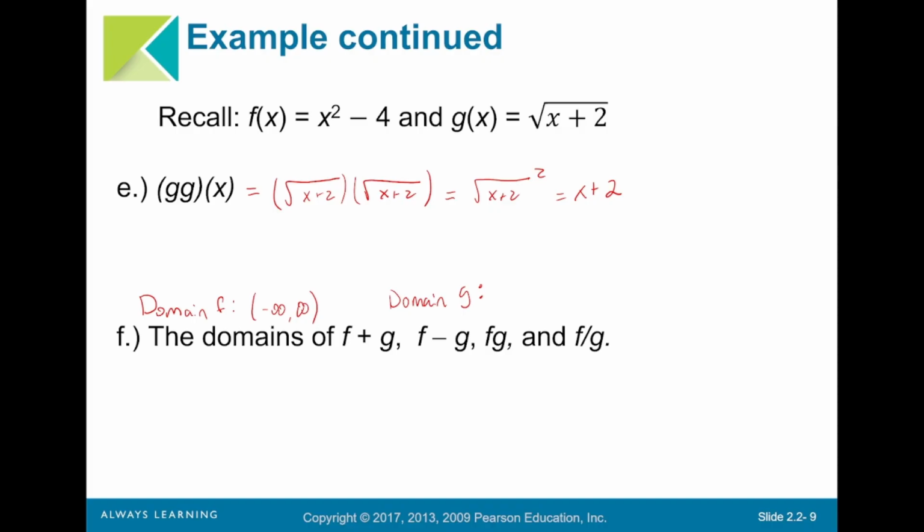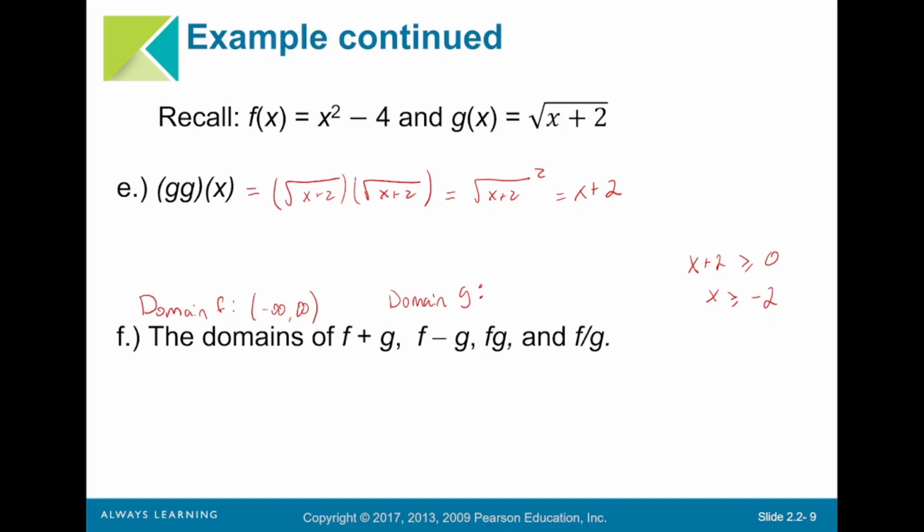well, that x plus 2 must stay positive because we do have a square root here. So we need a positive x plus 2. So let's do that to the side. We want x plus 2 to be greater than or equal to 0, which means x needs to be greater than or equal to negative 2. Just subtract 2 from both sides.